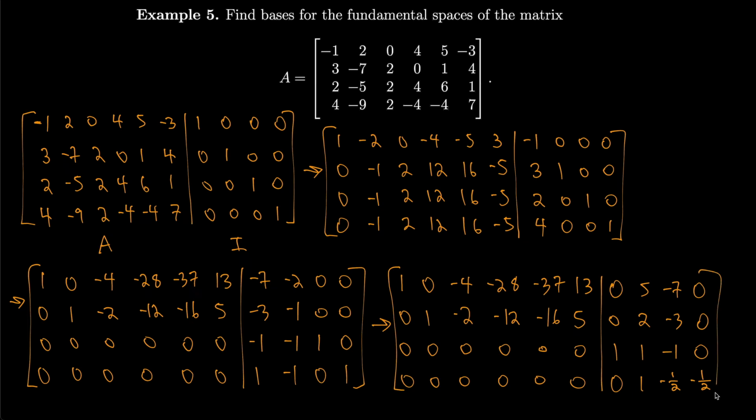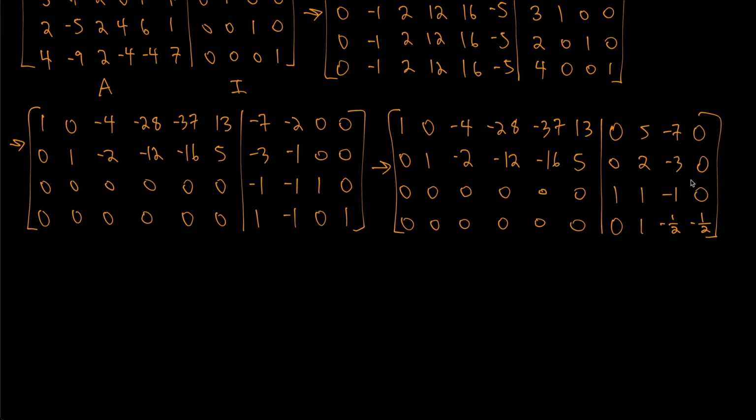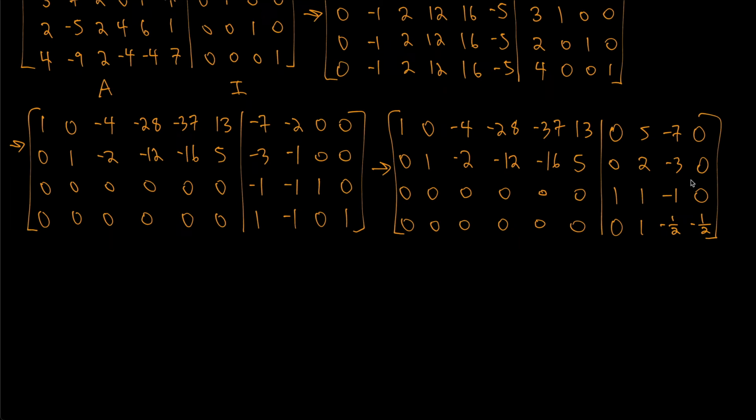Okay, almost done, because we have this leading 1, we have this leading 1, we just have to get zeros over there. Okay, so let's do that. We'll get 1, 0, minus 4, minus 28, minus 37, 13, 0, 1, minus 2, minus 12, minus 16, 5, and then the 2 zero rows.